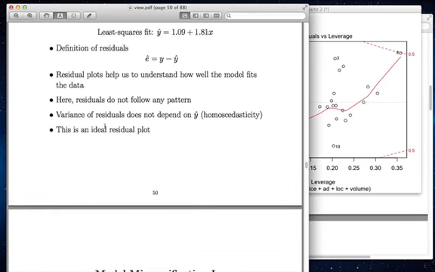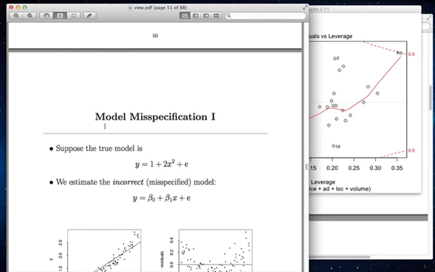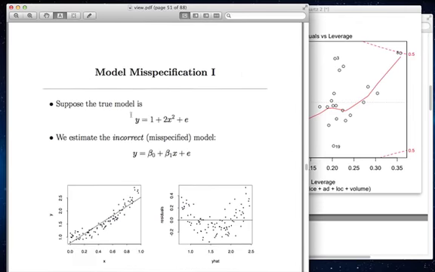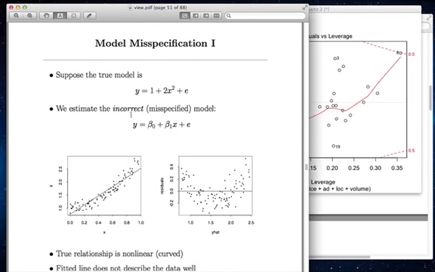All right, now I'm going to show you two misspecified models. These two models correspond to two different problems, and each of these problems will have a slightly different solution. Let's start with model misspecification number 1.